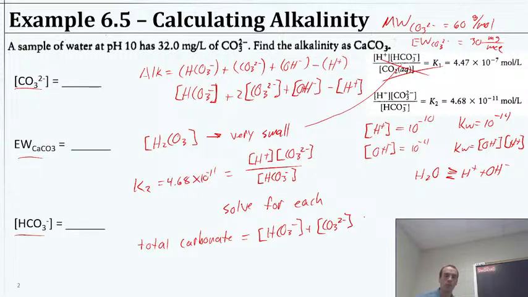Technically, we'd also have the H2CO3, but we're going to assume that's approximately 0. So this gives us a way to plug in here, or vice versa. We were given some total amount of carbonate, right? This amount of CO3 2 minus is going to be proportioned into each of those, and then we can solve it from there.